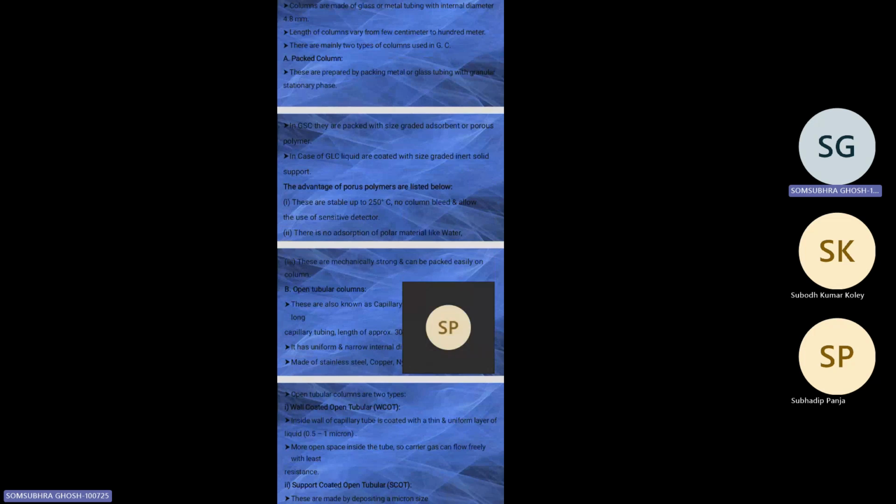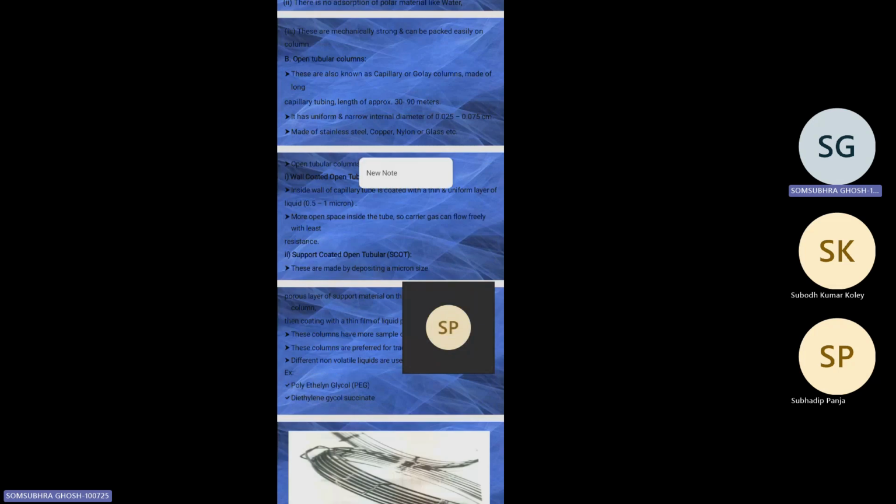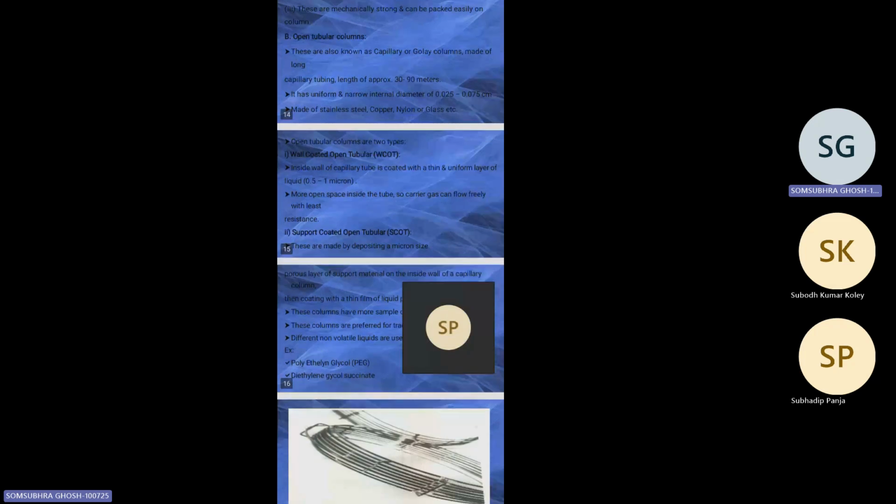This open tubular column, again, is used in two types. One is the wall coated open tubular, WCOT, and another is the support coated open tubular, SCOT. What is wall coated? Wall coated means when the inner wall is directly coated by the liquid stationary phase, that is known as wall coated open tubular.